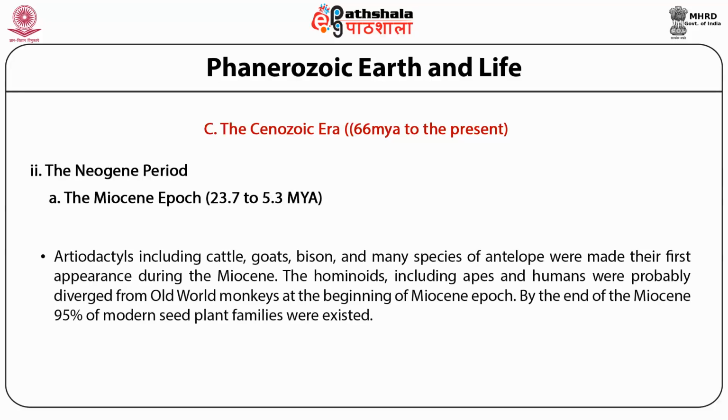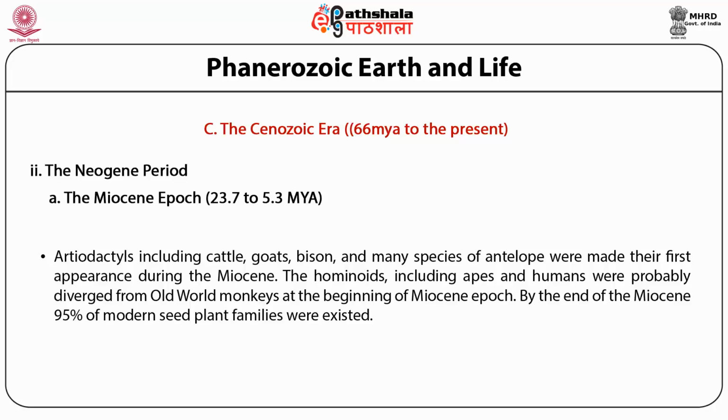Artiodactyls, including cattle, goats, bison, and many species of antelopes, made their first appearance during the Miocene. The hominoids, including apes and humans, probably diverged from Old World monkeys at the beginning of the Miocene epoch.